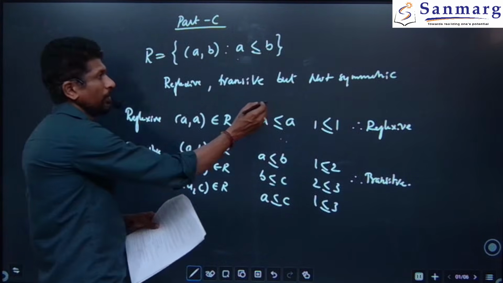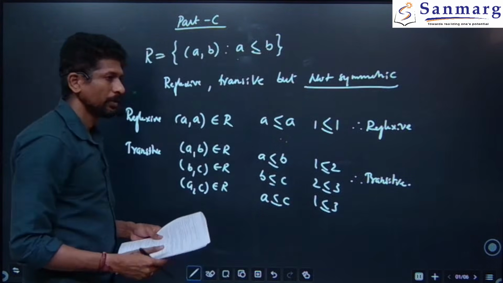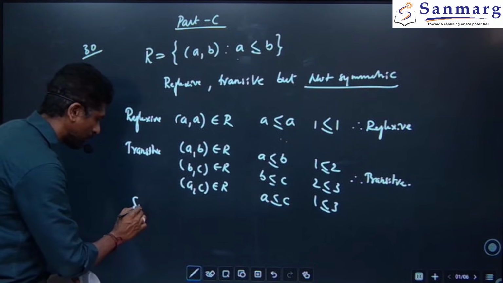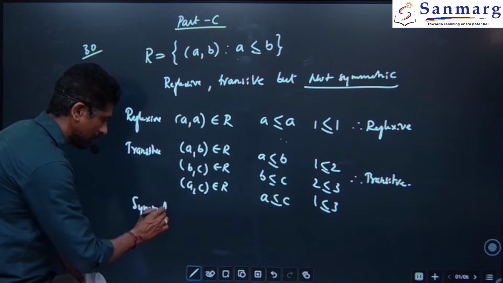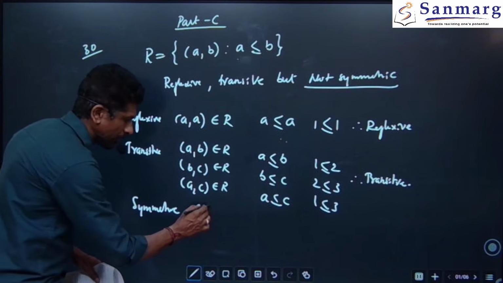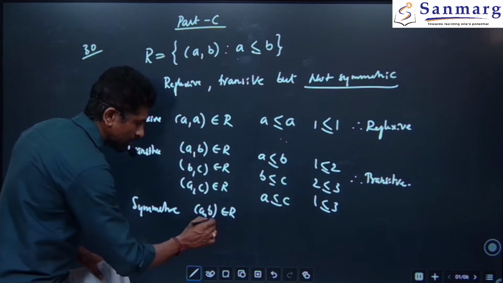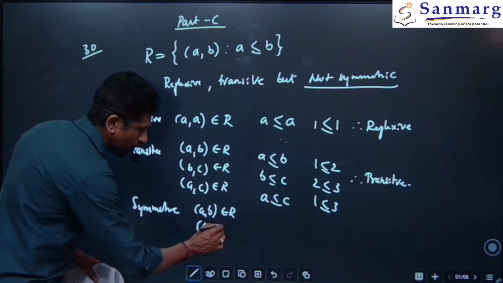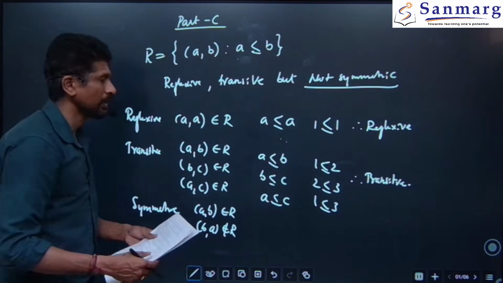The next one is not symmetric. What is the symmetric concept? If A comma B belongs to R, but B comma A does not belong to R, because they are asking for not symmetric.